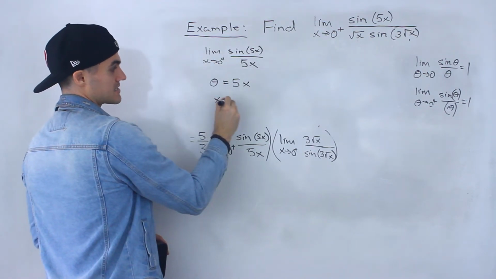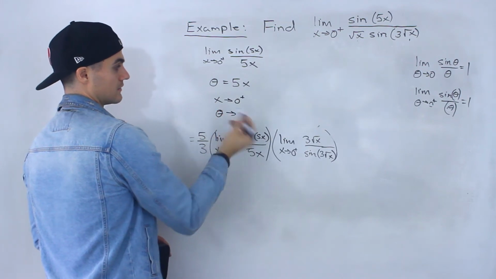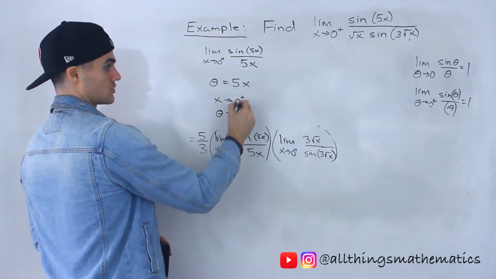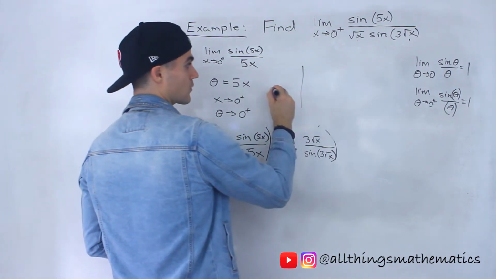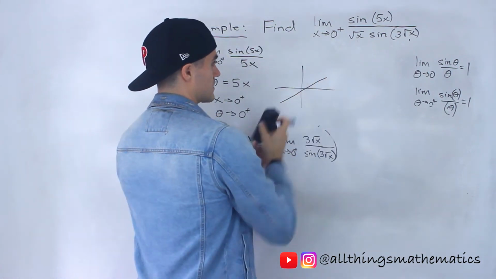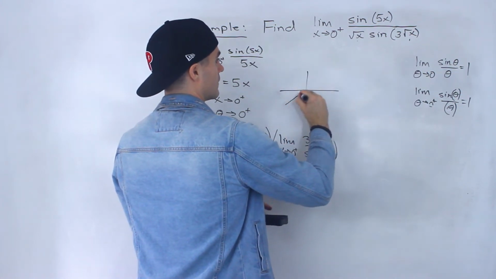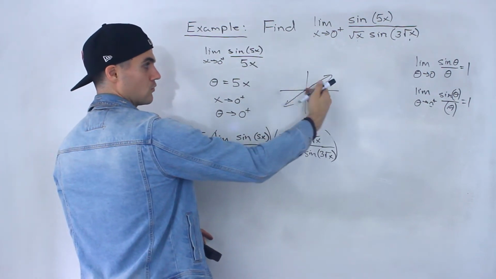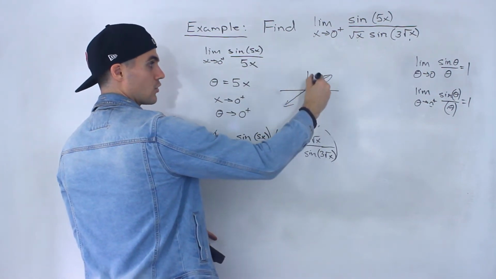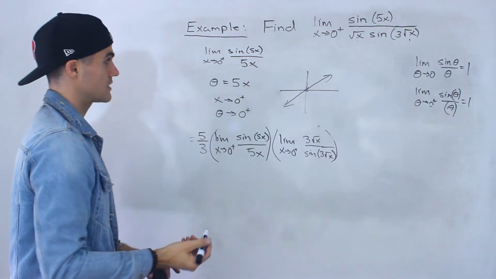So what happens as x approaches 0 from the positive side? Well, notice that theta is going to approach 0 from the positive side. If we take 5x and graph it, it goes through the origin. Right, it looks like this. As x approaches 0 from the positive side, the y values are approaching 0 from the positive side as well.